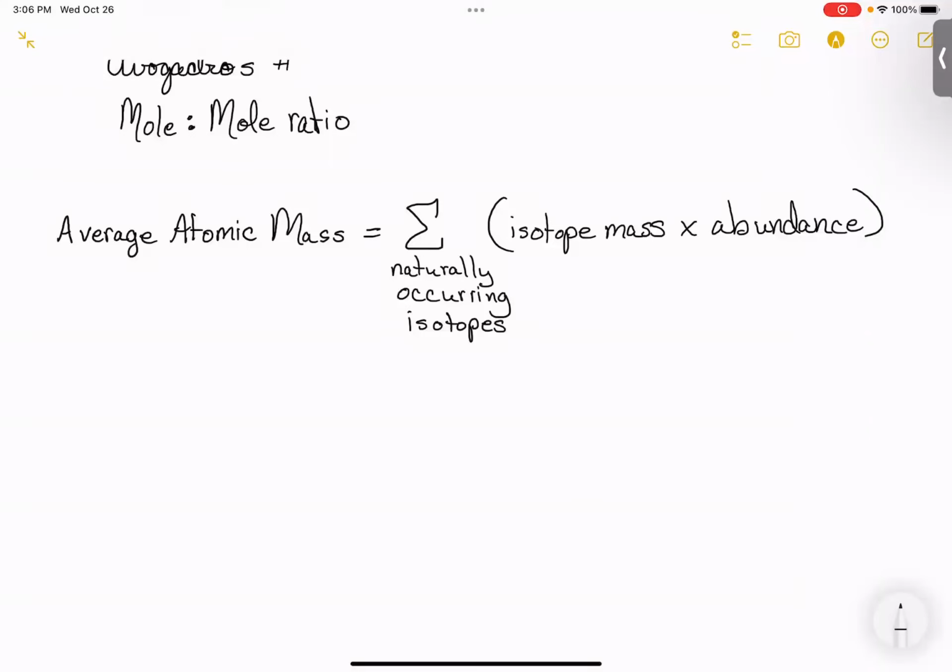So basically, this is where we find out that oxygen is 15.9994. This is where we came up with the value for hydrogen as 1.007 and so on. This is where we come up with the value that carbon is 12.011.